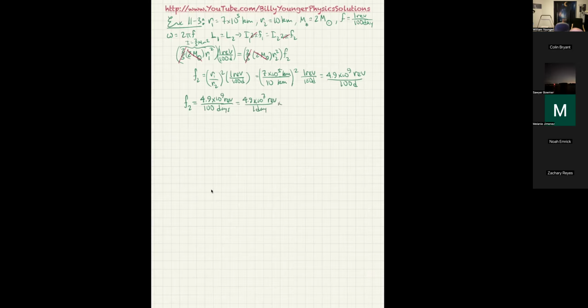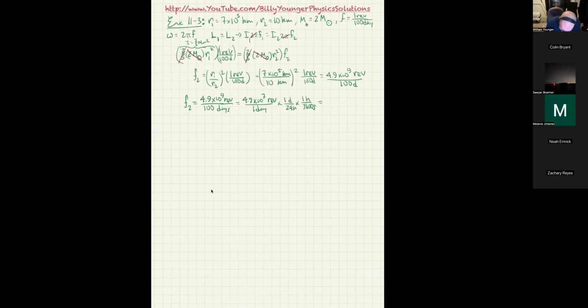And then all I have to do is say, well, 1 day is equal to 24 hours, and 1 hour is equal to 3,600 seconds. So that'll give me revolutions per second. So divide the 4.9 times 10 to the 9th by 100. That gave me 4.9 times 10 to the 7th. Now I'm going to divide that by 24. And now I'm going to divide that by 3,600.